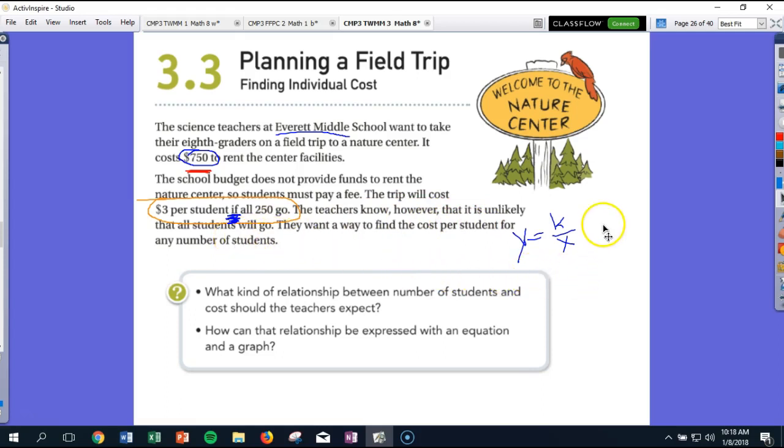So again, we want to be thinking about our equation set up as y equals our constant. What's our constant here? Well, no matter how many people go, it's going to be $750. So our constant is 750. Y is going to be your cost per student, and X is going to be the number of students that go.